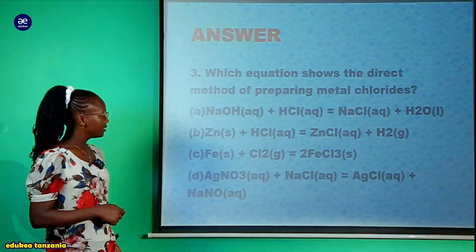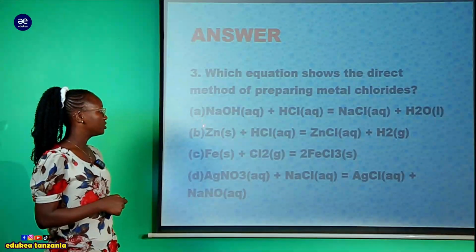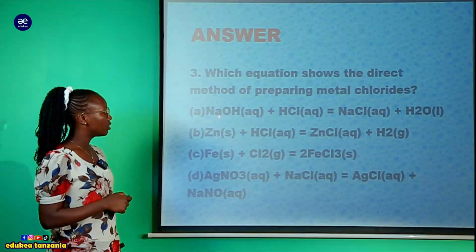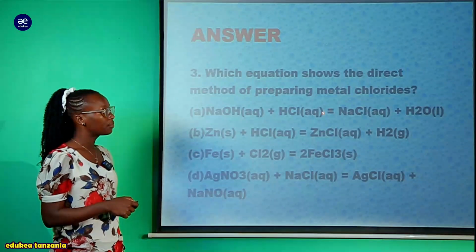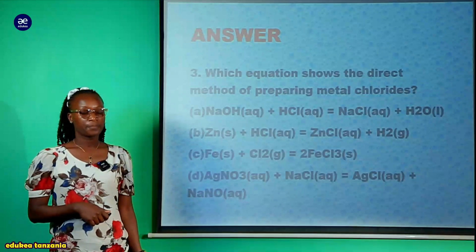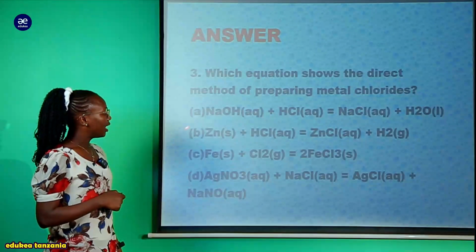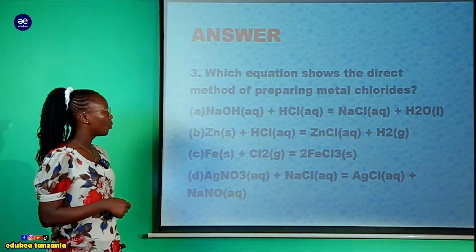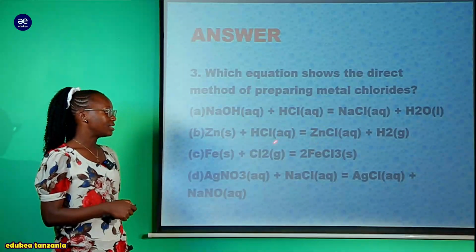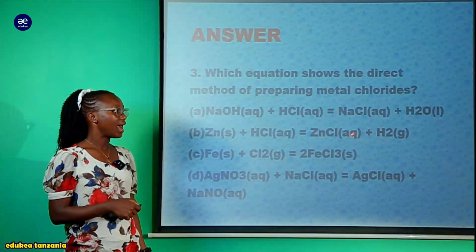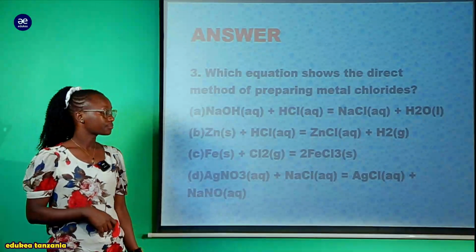Now you can see that our first equation, A, is sodium hydroxide plus HCl, which gives sodium chloride and water. In B, we are given zinc metal plus HCl, and we are going to have zinc chloride as well as hydrogen gas.